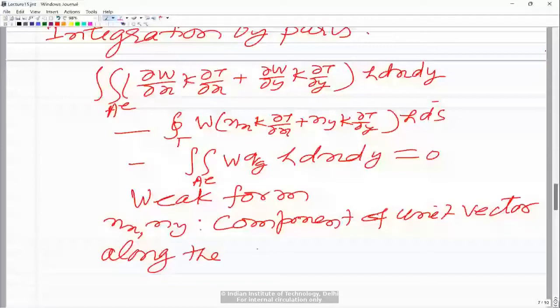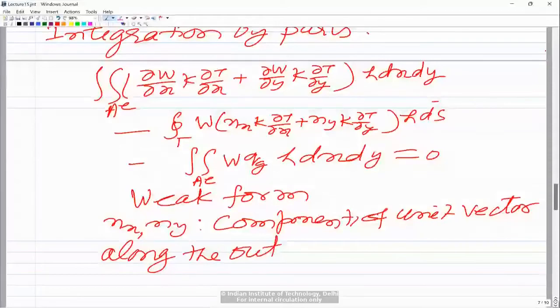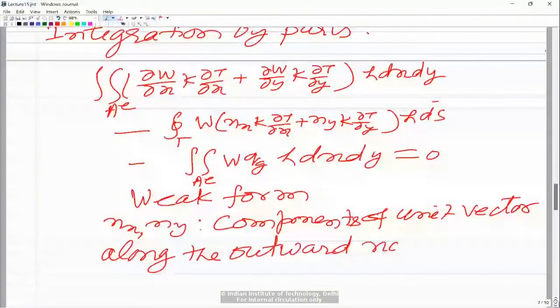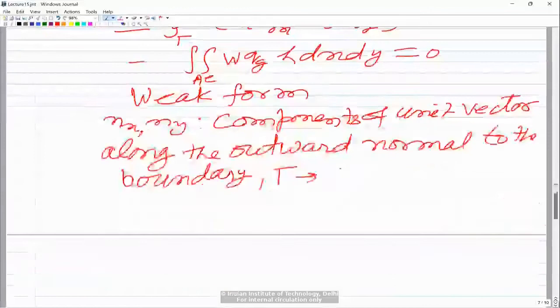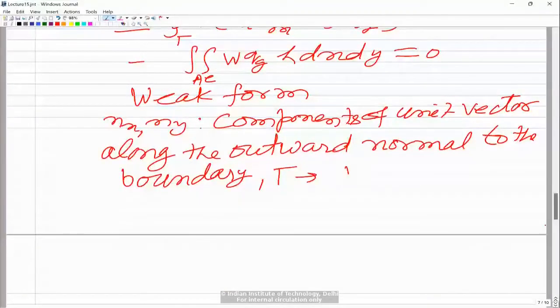So nx, ny are components of a unit vector along the outward normal to the boundary. So they could change along the boundary. These are the unit vectors, and capital gamma is denoting the boundary, and we have another variable s that I have used.